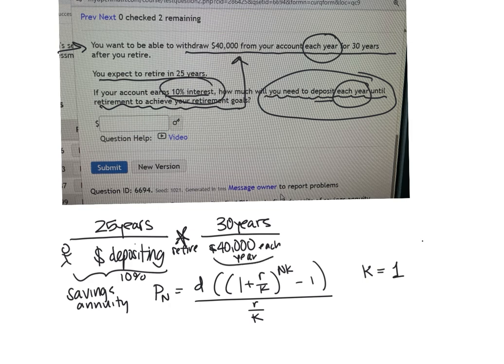For this portion, we're talking about the payout annuity formula.